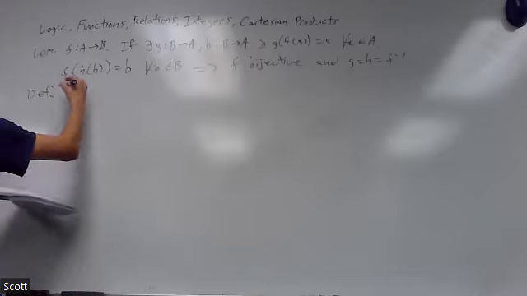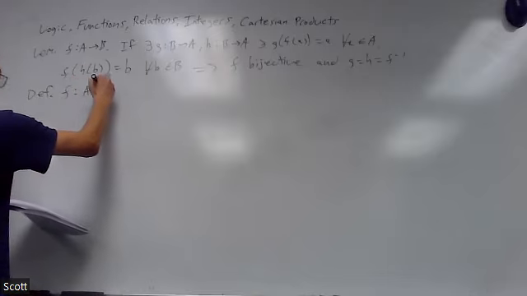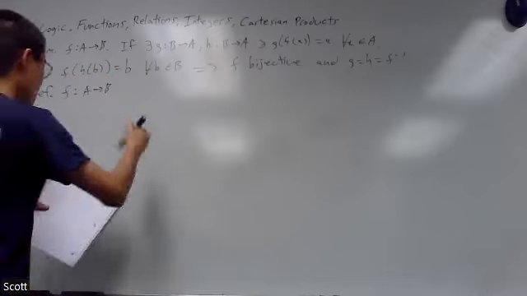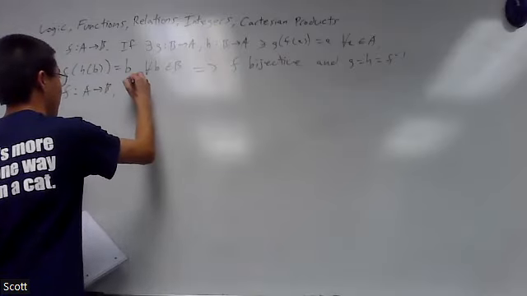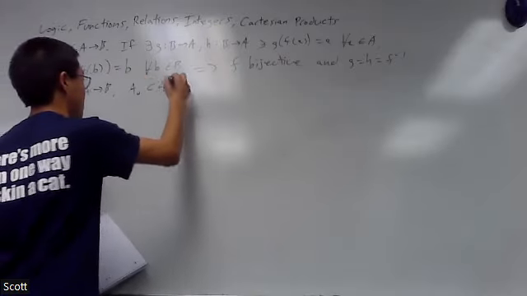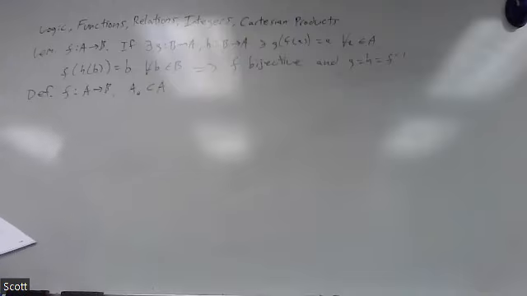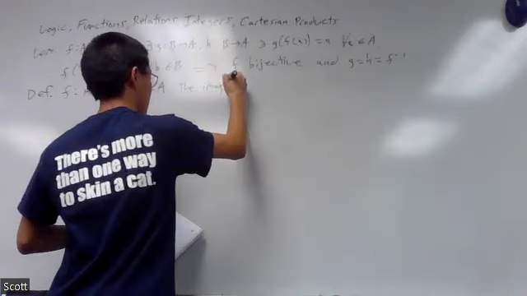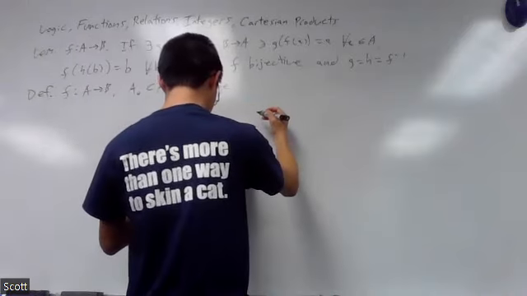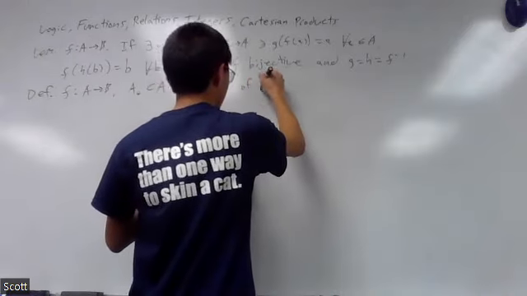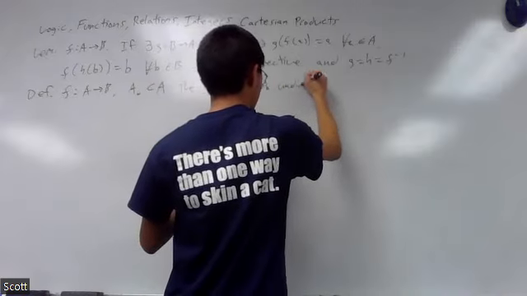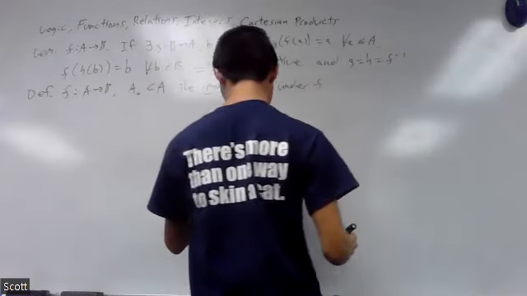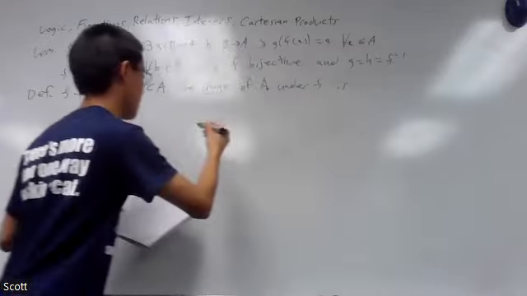So if we have a function f, A to B, and now we take a subset of the domain, so we're not necessarily considering the entire domain, the image of the subset under f, we're going to denote as this set.